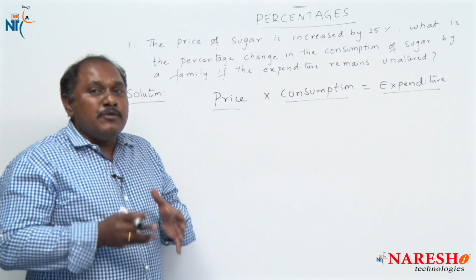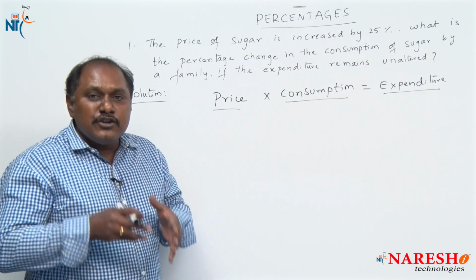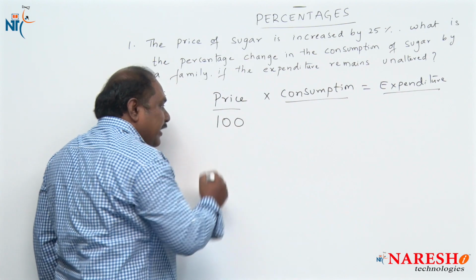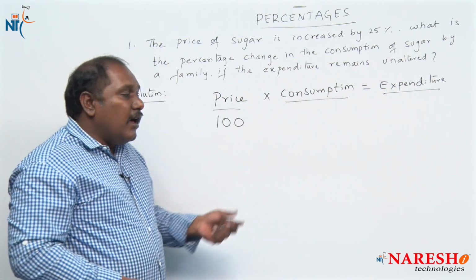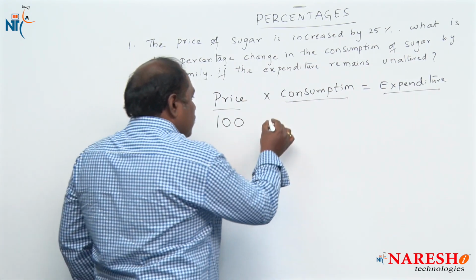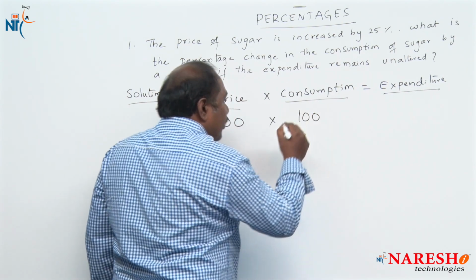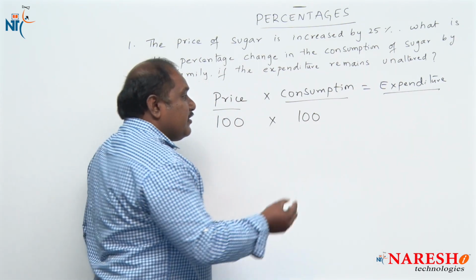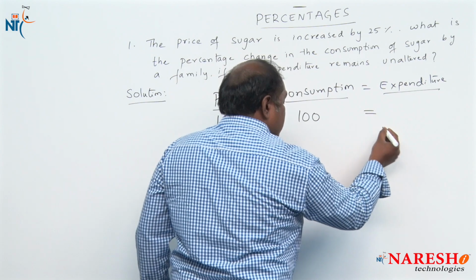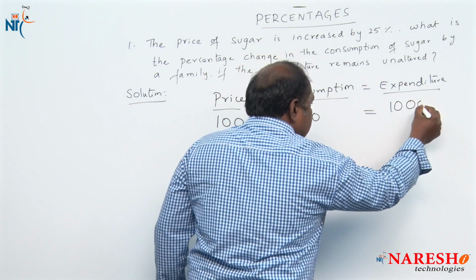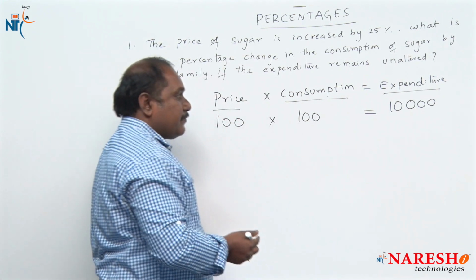So instead of assuming a variable, let us assume the initial price of the sugar is 100 and let us assume that the family is purchasing 100 kilograms of sugar. Then what is their expenditure? 100 into 100, their expenditure is 10,000.